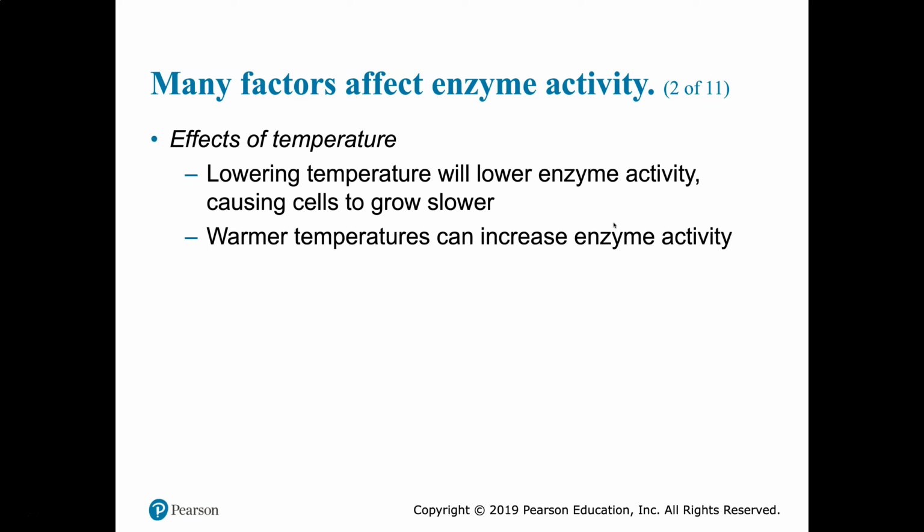Same thing with bacteria. They should have optimal ranges at which they function. A lot of the bacteria we look at in class, like E. coli, work really well at 37 degrees Celsius, which is a little bit above body temperature. So they hit their optimal range and they're working really efficiently and fast.